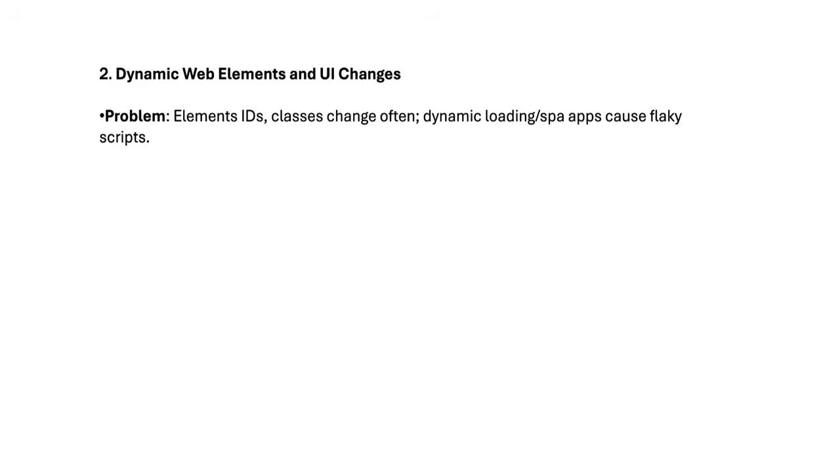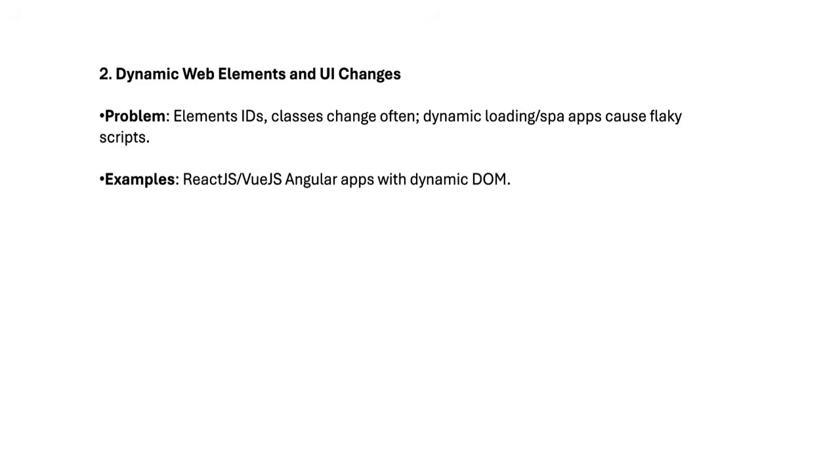Dynamic loading or SPA apps cause flaky scripts. At that time, the flakiness may be in our test script, not in the application. So that is why dealing with dynamic web elements is one such challenge.